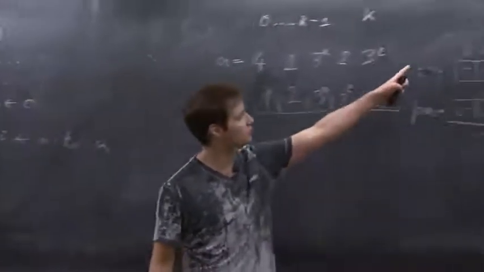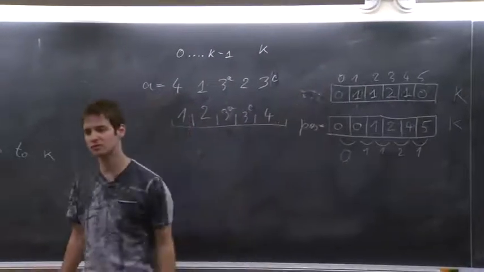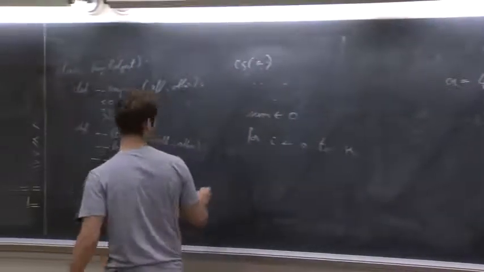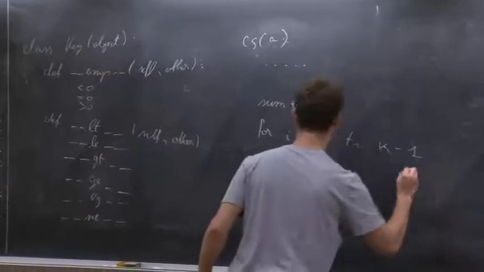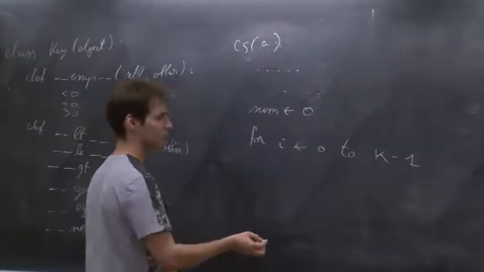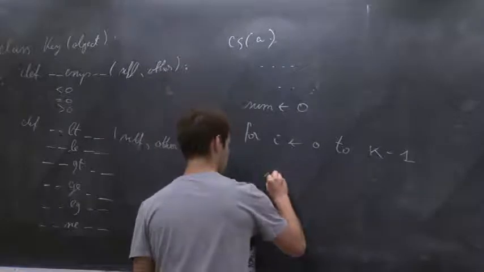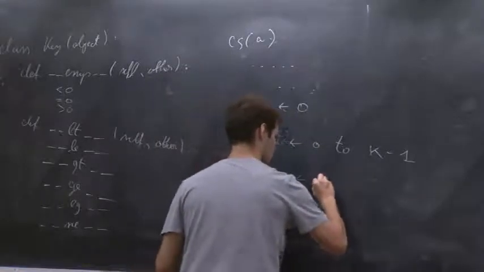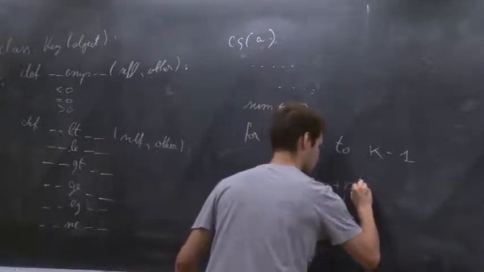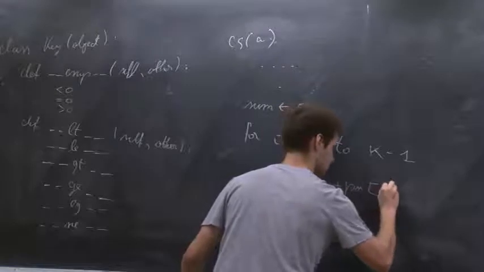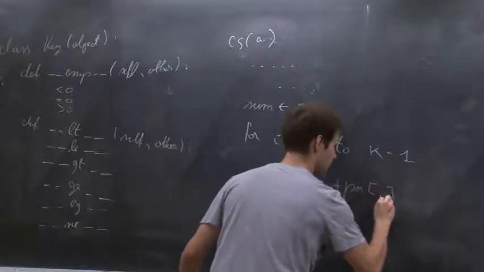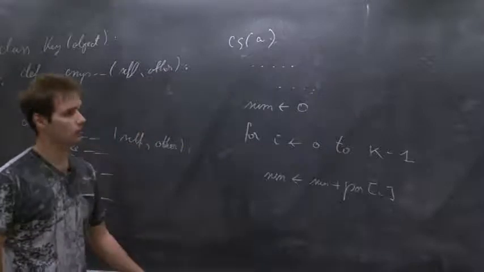The indices look like this. So it's 0 to, very good, thank you. And you said I'm going to add the elements to the sum. So sum is sum plus pos of i. Okay. And then?